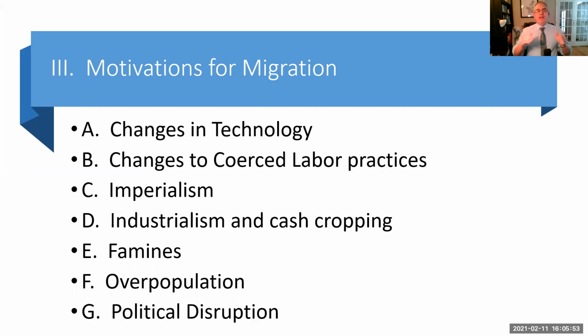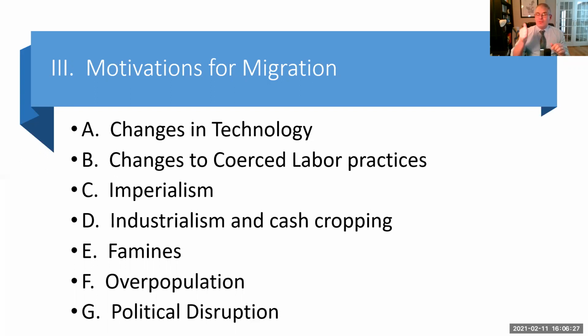So when we look at this, the other thing, if we go back to industrialism for one moment, we can also throw in mining. Mining operations are starting to pick up in Africa and South America, and mining operations require miners. So the idea is that the biggest motivation for migration was that people were looking for jobs. They had more job opportunities because of the changes in technology and the economic changes of the 19th century.